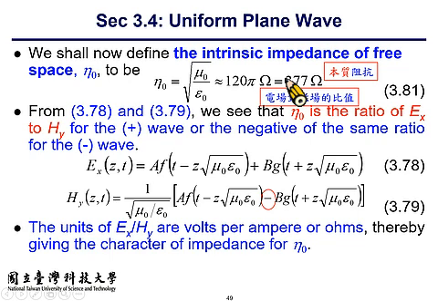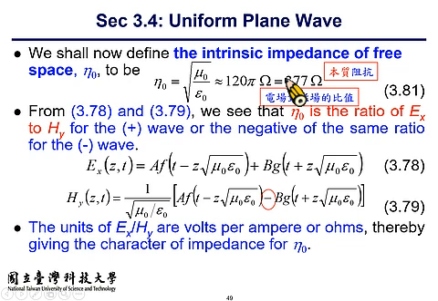However, because the unit for electrical field is voltage per meter, and the unit for magnetic field is ampere per meter, when you divide E by H, you end up with V over A, which is ohm. So it happens to take the unit of resistance, but it does not stand for a resistor.